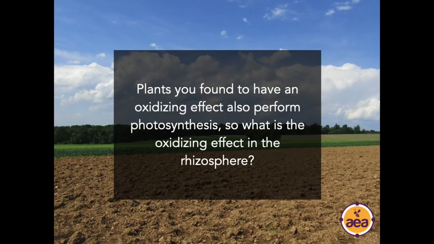Crops that have a reducing effect tend to transmit much more complex carbohydrates and a much higher concentration of phytoalexins and immune compounds. So in my understanding today, to the degree that I've connected the dots so far, this seems to be the common thread of plants that have an oxidizing effect versus reducing effect: the types and the quality of the compounds they send out through their root system.